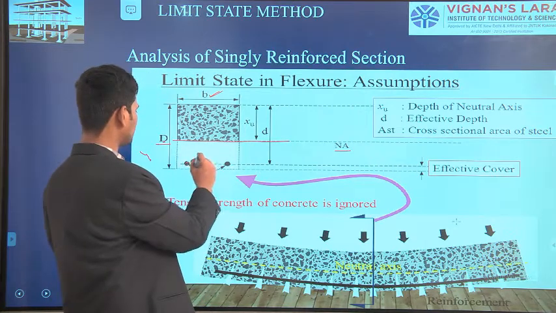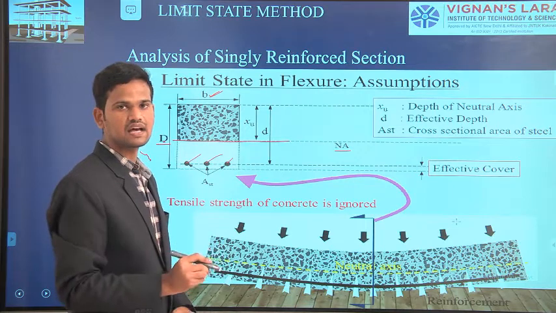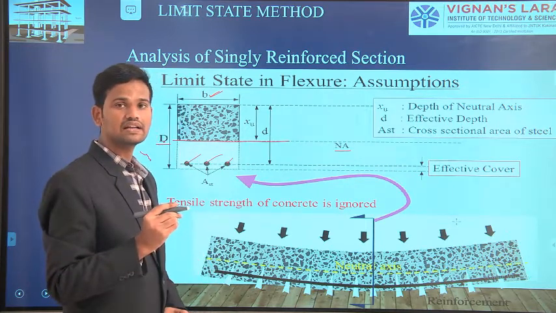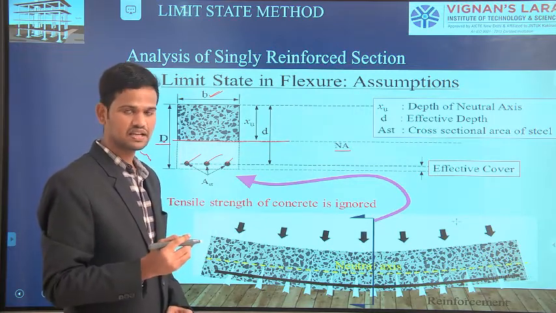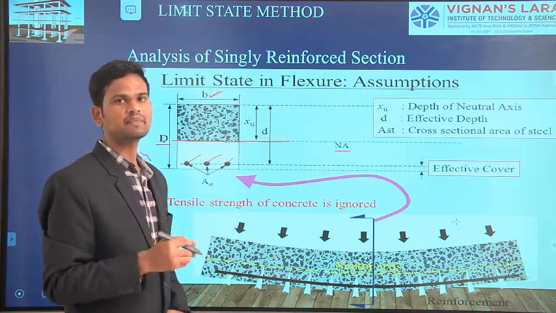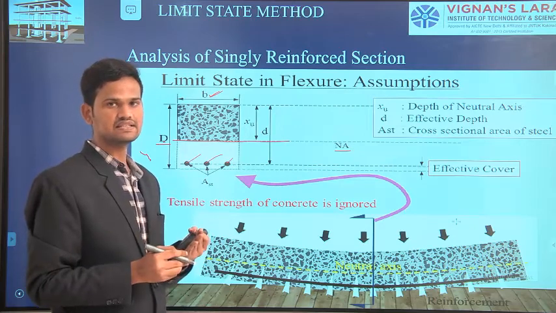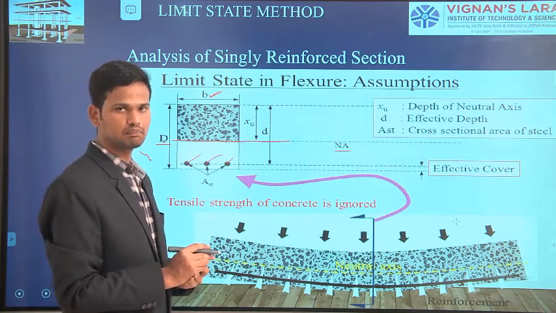And if you observe here, these black holes represent the diameter of the steel bars. For different sectional members, we use different numbers of bars. The bars may be 6 mm, 8 mm, 12 mm, 16 mm, 18 mm, 20 mm, 25 mm. Based on the design of the section, we use that particular diameter of the bar.